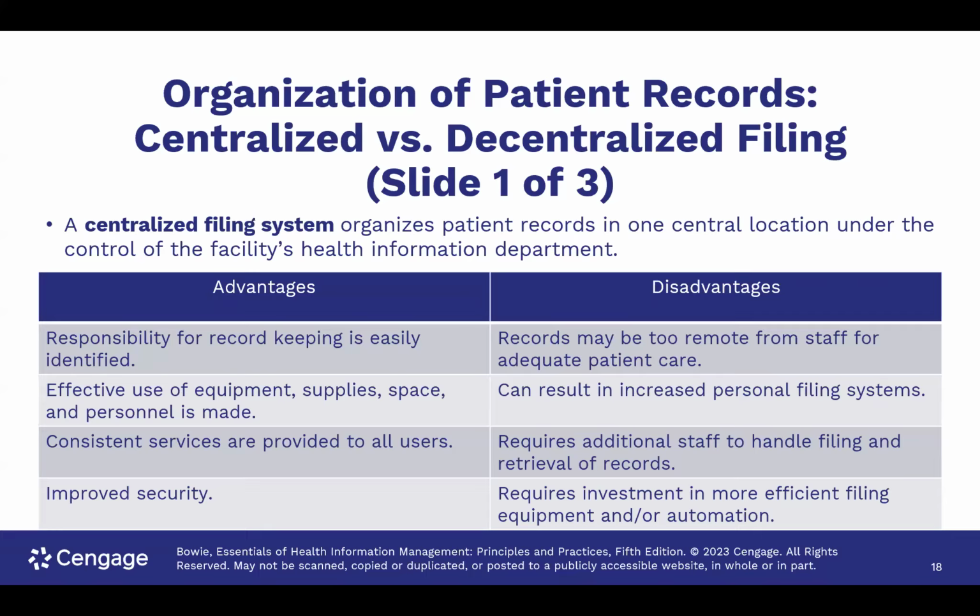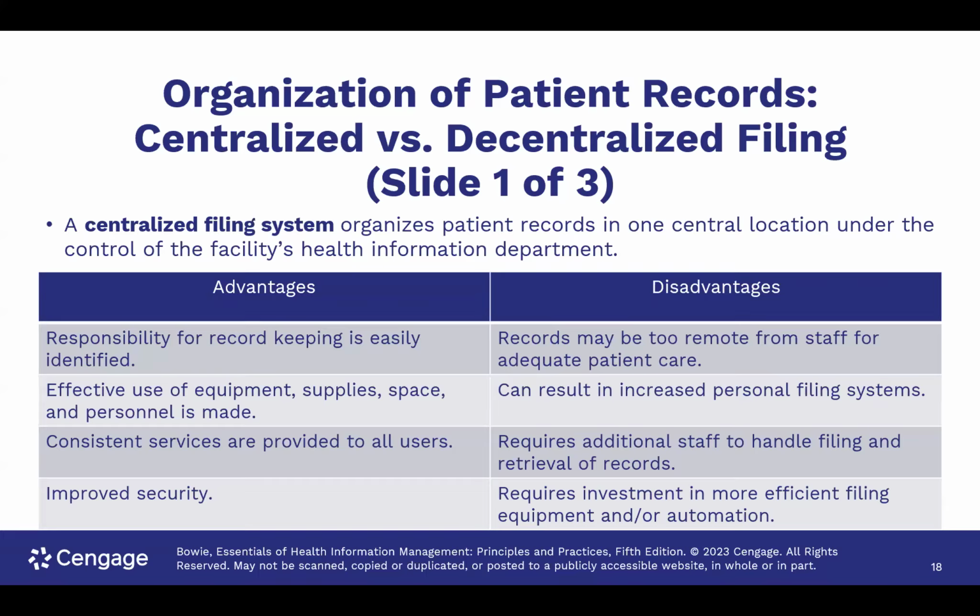Advantage, the responsibility for record keeping is easily identified, it makes more effective use of equipment, office space, and personnel, and consistent service is provided to all users, and it improves security because anybody who wants access to records has to go through one person who has knowledge of the facility, policies and procedures, state law, what have you.